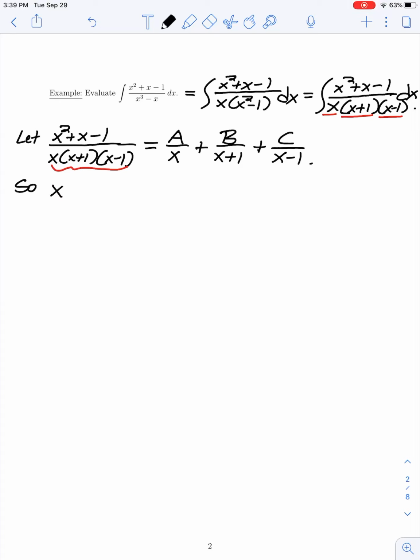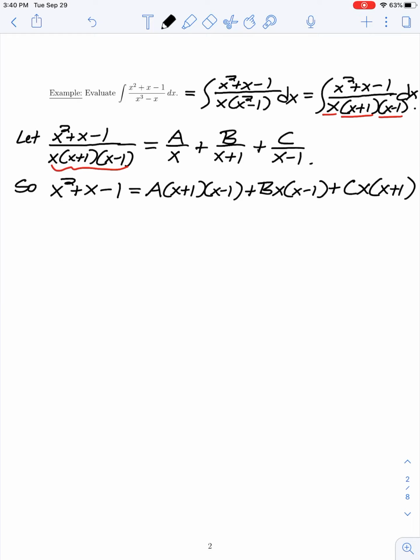And I'm left with x squared plus x minus 1 is equal to a times, I would be left with x plus 1, x minus 1, plus b times x times x minus 1 would be my remaining factors, and then plus c times x plus 1.